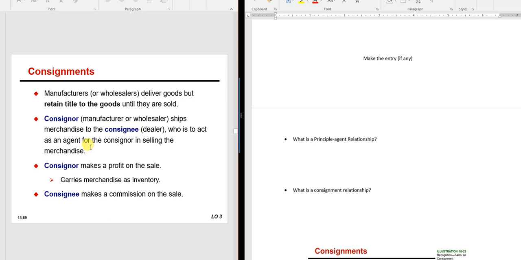So the consignor makes a profit on the sale. We're the maker of it. They carry the merchandise on their inventory. It's still our inventory. We're just going to pay you a commission. So let's say you have a shop in a store and I make creative candles. I may say, can I sell my candles in your store? And you say, sure, because you've got an extra shelf. So I put my candles in your store.